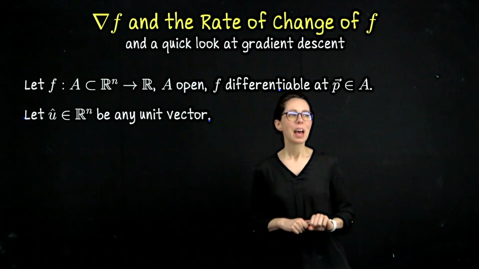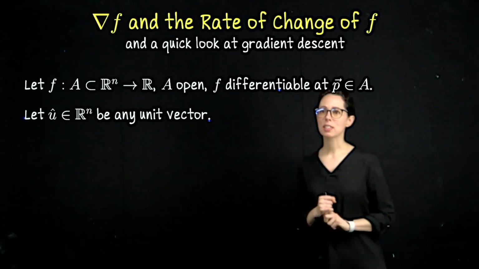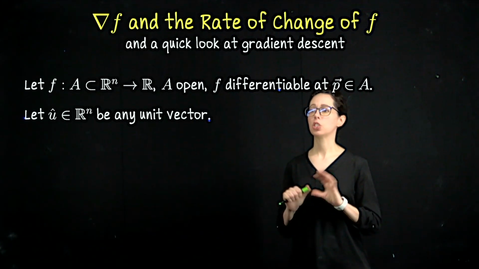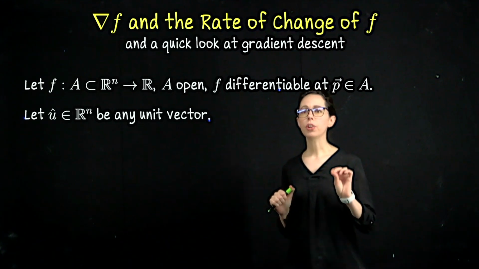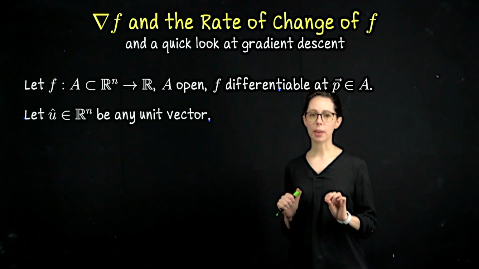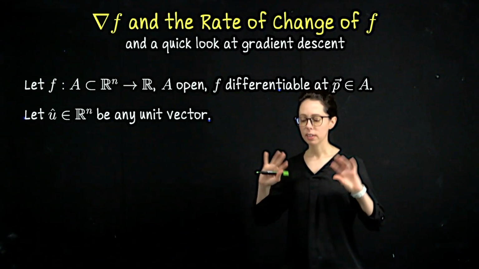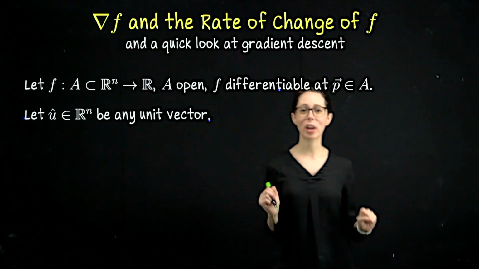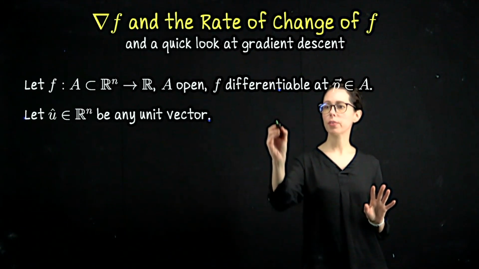Okay, so anyway, what does it mean when a function is differentiable? Well, we've talked about differentiability plenty. What I want to lift up to start this lesson is that if your function is differentiable at p, then there is an easy way to compute the directional derivative of f at p in the direction of u. So this is true for differentiable functions.